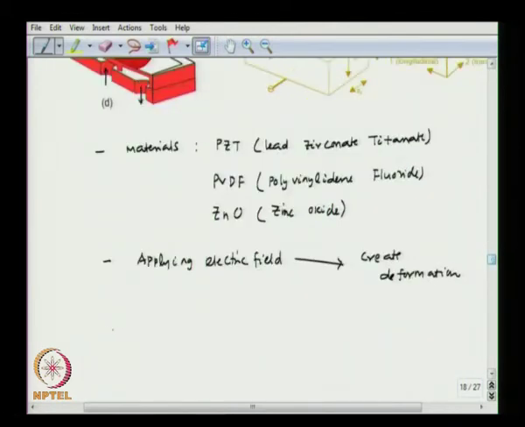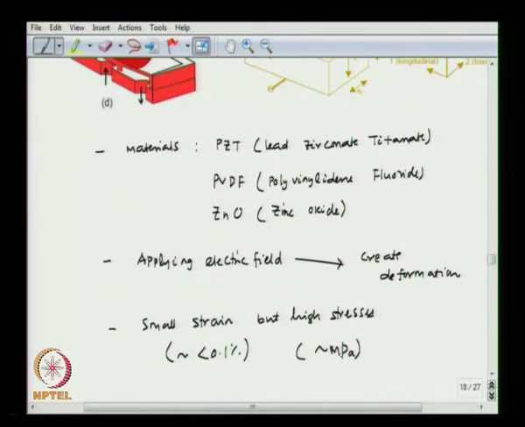And these piezoelectric materials have the characteristic to produce small strain, but high stresses. So, the strain is of the order of less than 0.1%, and the stress is of the order of millipascal.